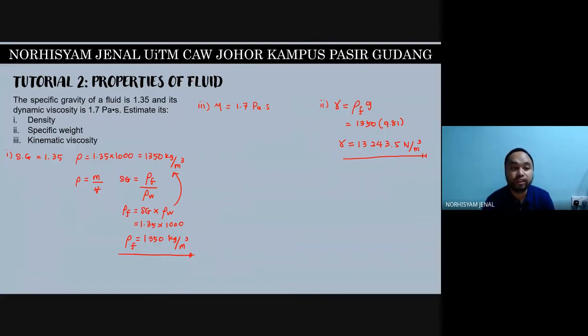And the third question, kinematic viscosity. Remember the equation for kinematic viscosity is dynamic viscosity divided by density. So it is equal to mu 1.7 divided by density 1350.